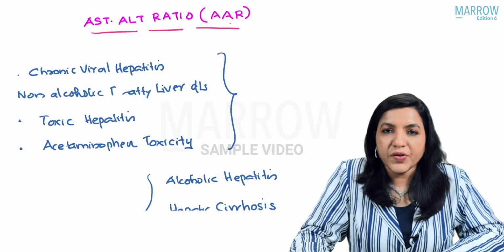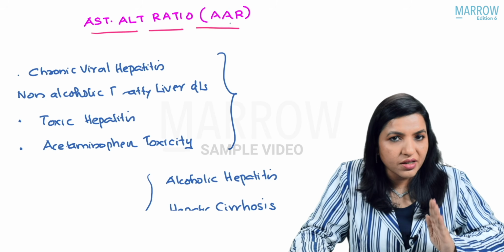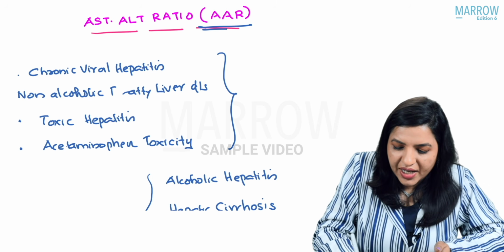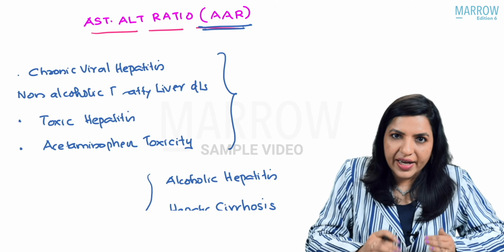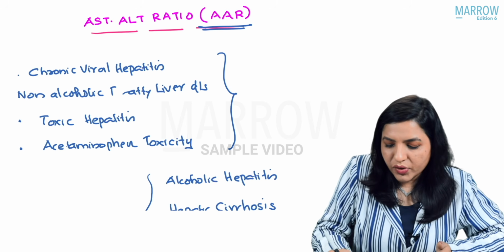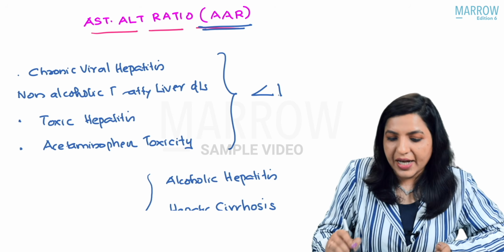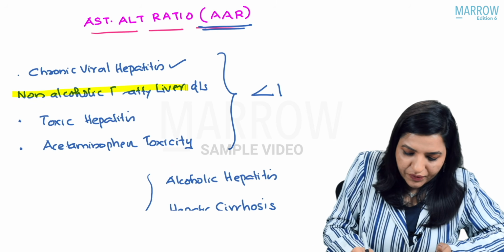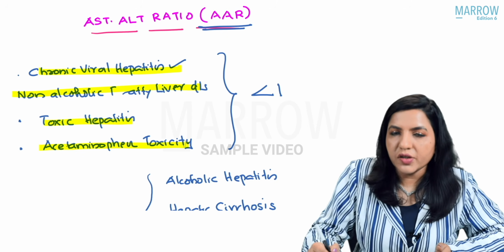Now we will learn a very important topic, that is the AST-ALT ratio. Remember, AST is in the numerator, ALT is in the denominator. That's why we call it AAR, the AST-ALT ratio. The AST-ALT ratio can be less than 1 or more than 1. If it is less than 1, the probable causes are chronic viral hepatitis, non-alcoholic fatty liver disease, toxic hepatitis, and acetaminophen toxicity.